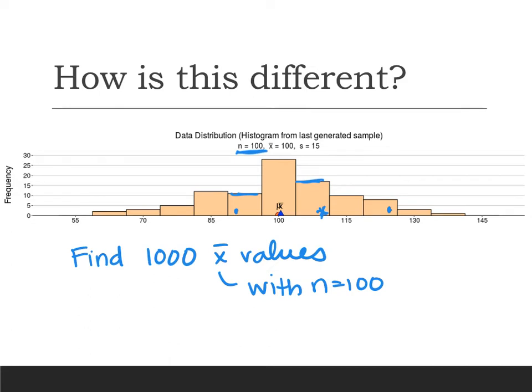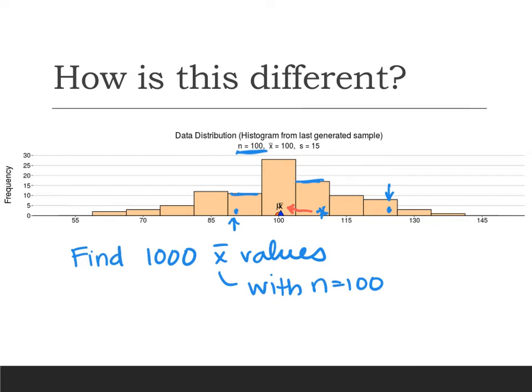And so my average isn't going to be quite as extreme as my larger value or my smaller value. If I add more and more people, then that average is going to get closer and closer and closer to where the population mean would be.